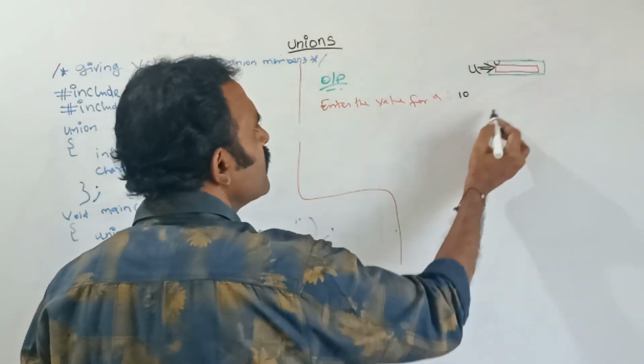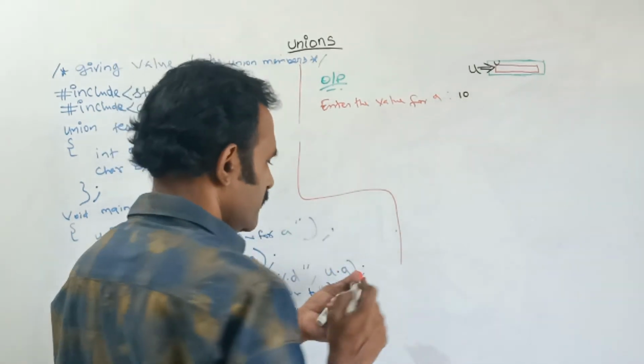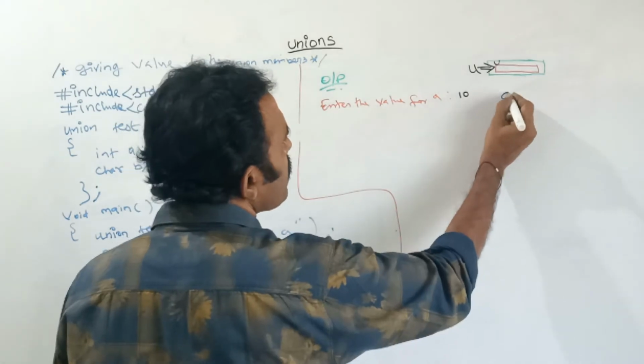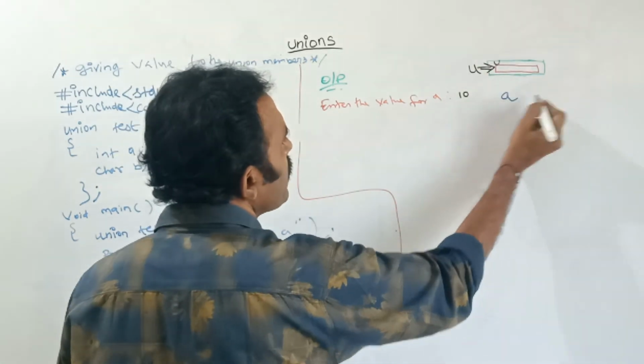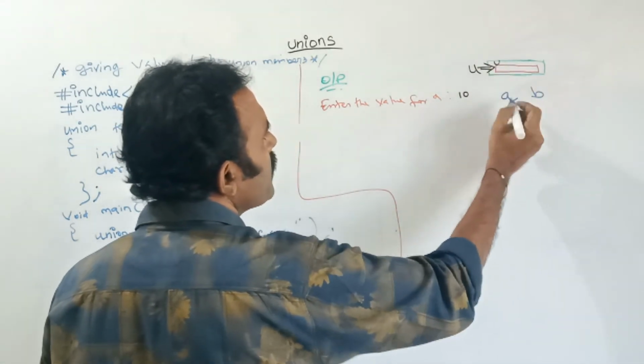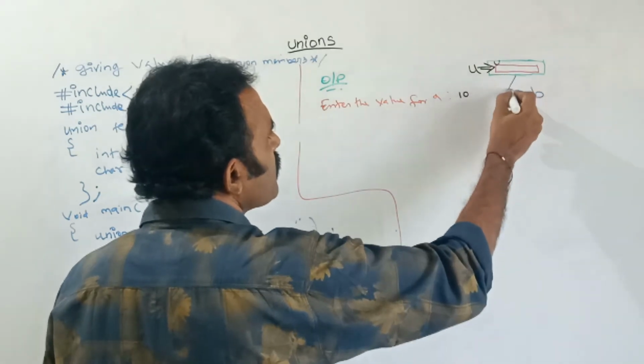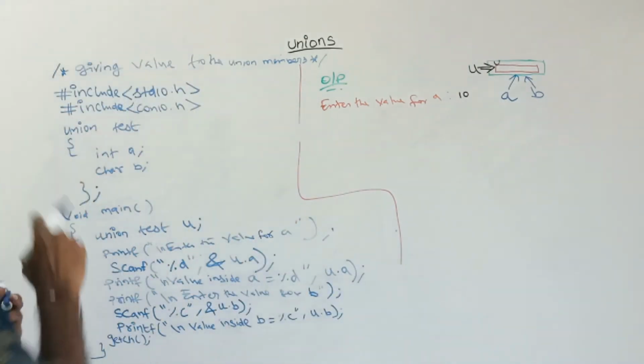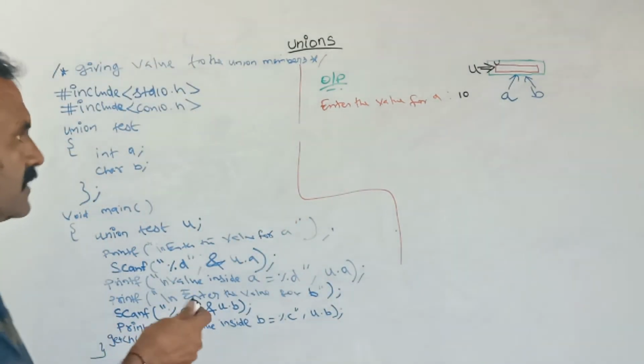Next, here we are using two variables. First one A, integer data type, that is U dot A. Next B, U dot B. See here, both variables occupy the same space. So if you are giving the value 10, it will be stored here.